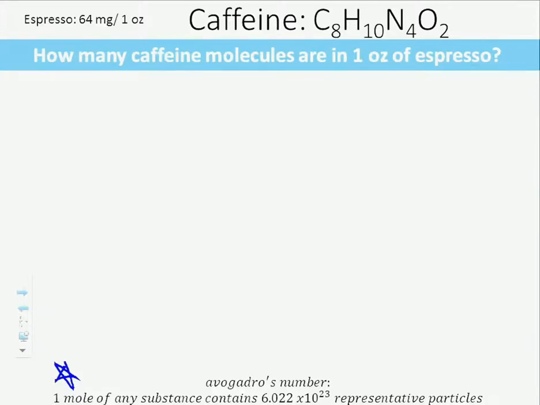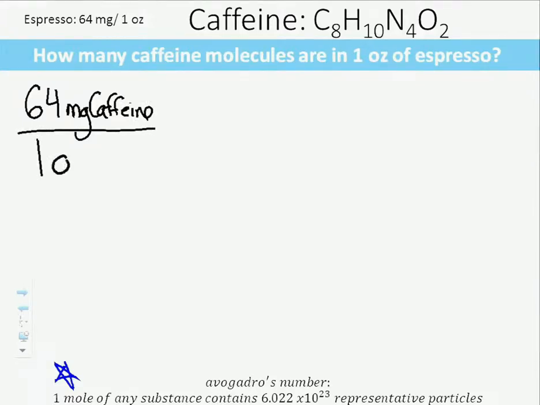So whenever I've got 64 milligrams of caffeine in 1 ounce of espresso, notice that we already have the denominator being perfectly fine.